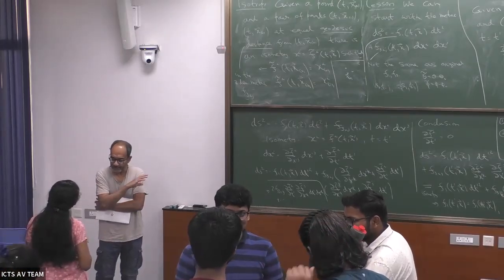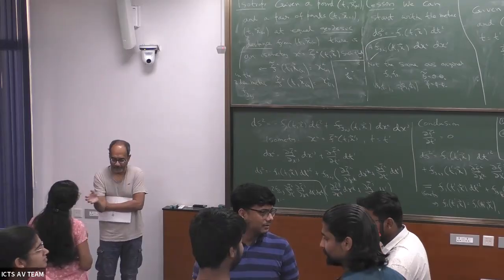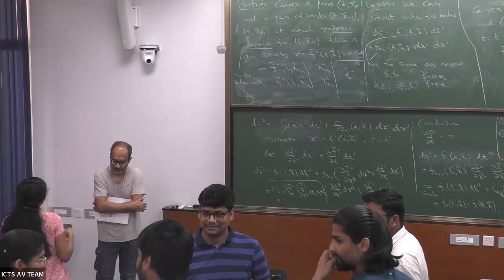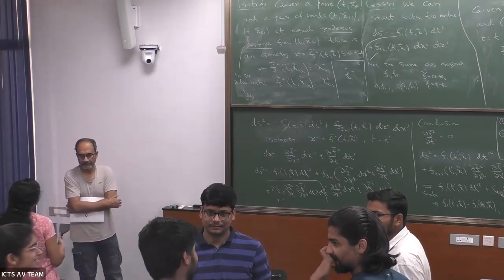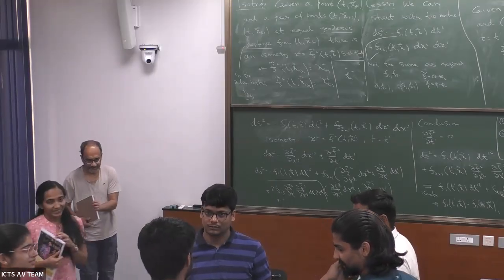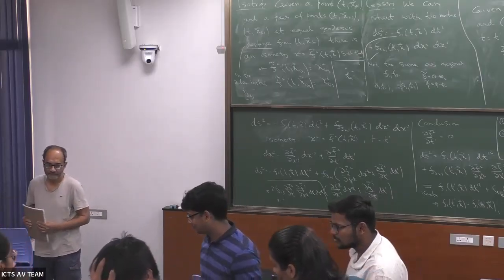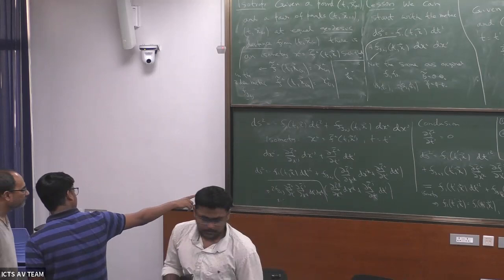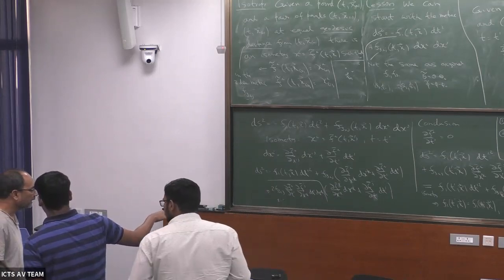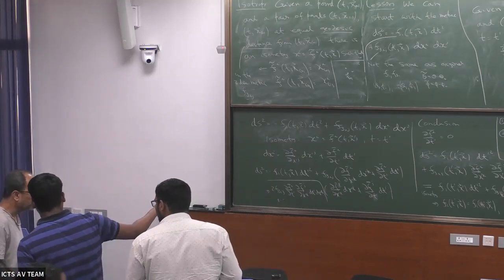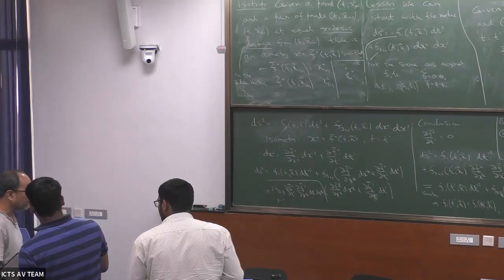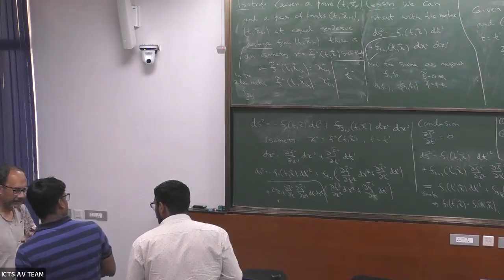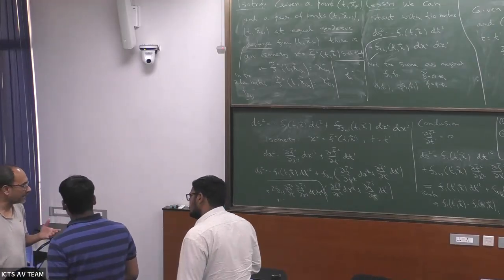Isometry means that the norm is preserved. You can certainly do it with just translation and rotation. Other spaces are not being described.